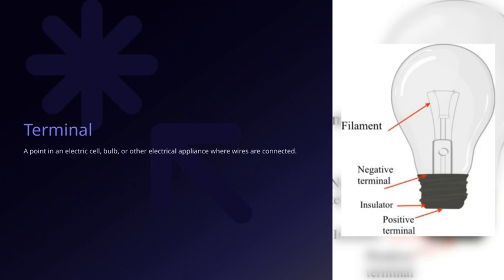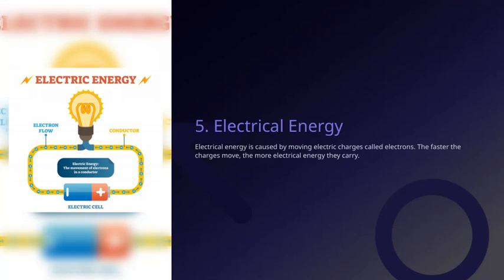When you're setting up or troubleshooting electrical systems, identifying terminals helps you understand how the current moves through the circuit. So remember, terminals are the vital connection points that keep the flow of electricity going, making sure your devices work smoothly and safely.